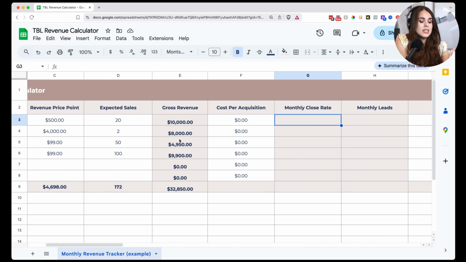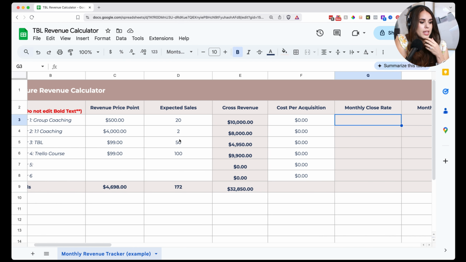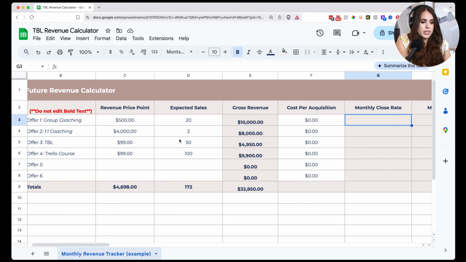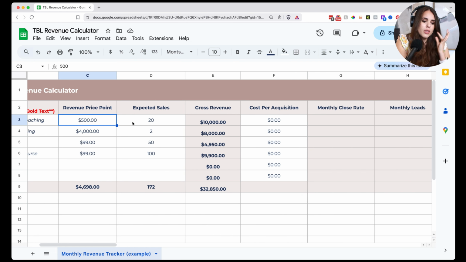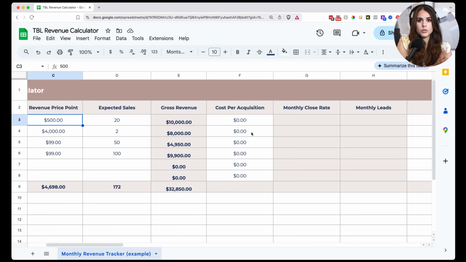So a lot of times, as a benchmark with offers that you are running, maybe from a webinar over to a sales page, for example, let's say that that's how you're selling something like your services or your group coaching or your one-on-one coaching, then we're looking at different close rates. Usually anywhere from 3 to 5% is really, really good if you don't have an actual touch, meaning you don't have a discovery call. You're not talking to each client individually. This is just how your sales page and your funnel is performing.